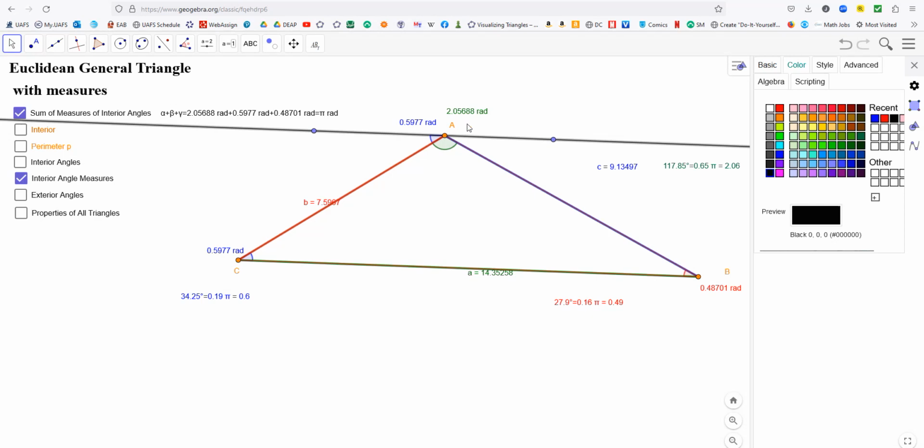See the Z right here? They're alternate interior angles when you have a transversal. Line AC is the transversal. This line segment AC is part of that transversal. And you've got the line up here, the parallel line to the line containing the base here. We've got our interior angles there. Alternate interior angles must be congruent.